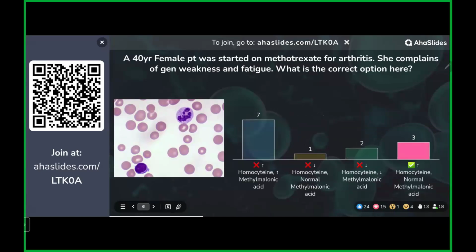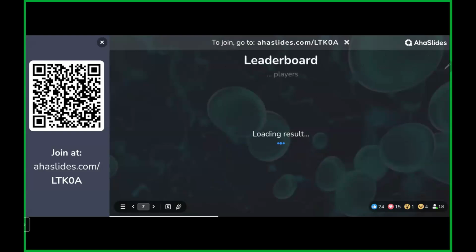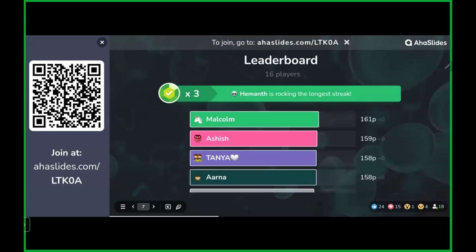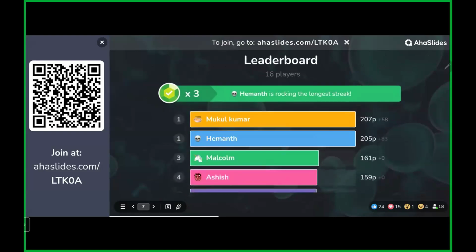I said, this is a tough question. Oh, yeah. So I think now the leaderboard is going to change a lot. Yes, sir. We'll have new players, I guess. New players coming up. All right. We have Mukul Kumar and Hemant both competing for the first place.